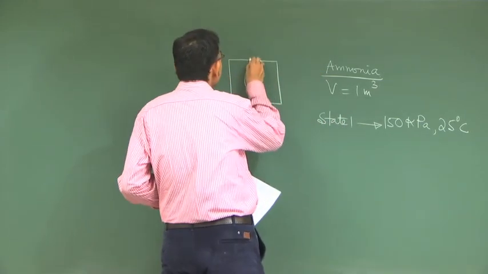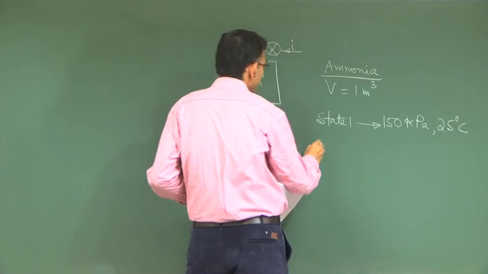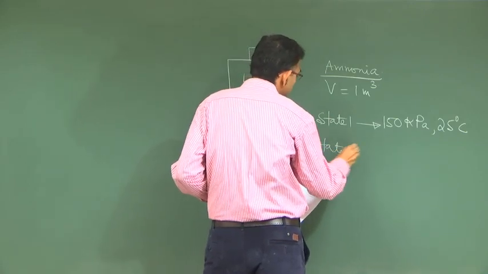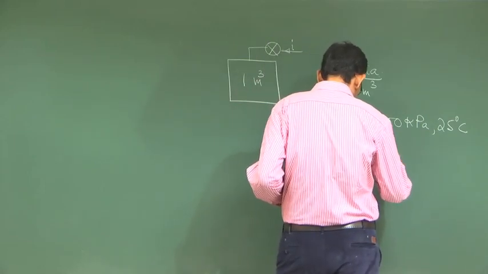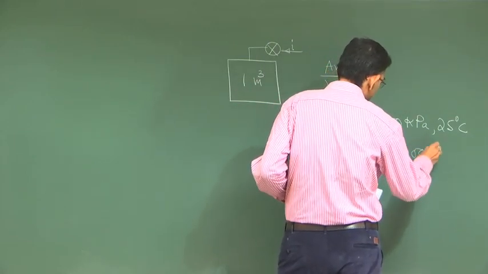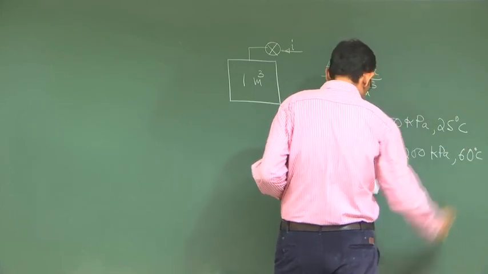So, this is connected to a supply line. So, there is a supply, state i: 1200 kilopascal, 60 degree centigrade.